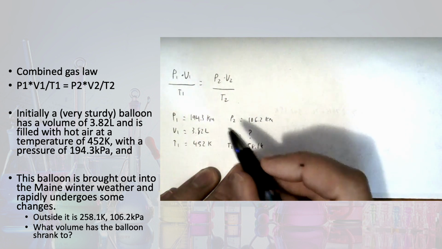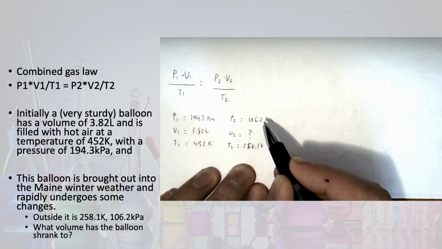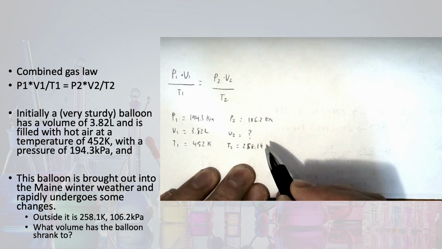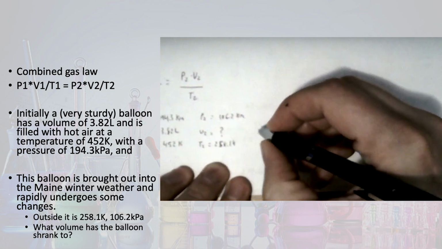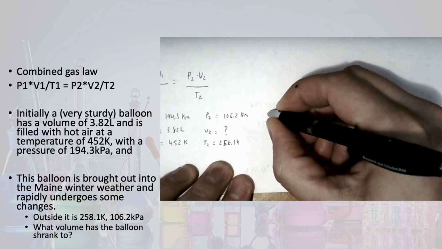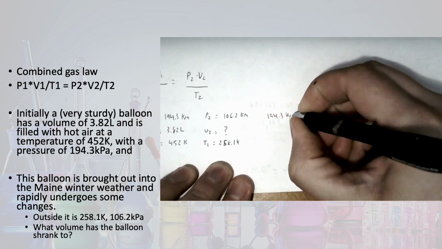So we're going to set up our problem. Note our initial conditions, P1, V1, T1, and P2, T2 are known, and what we're going to solve for here is V2. So let's set up our equation.